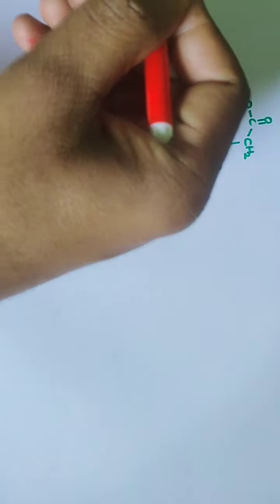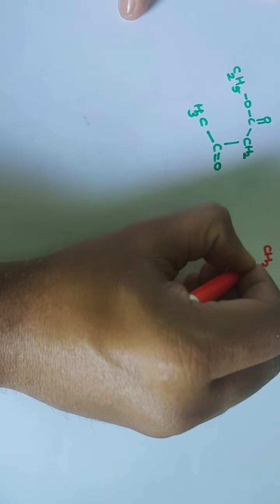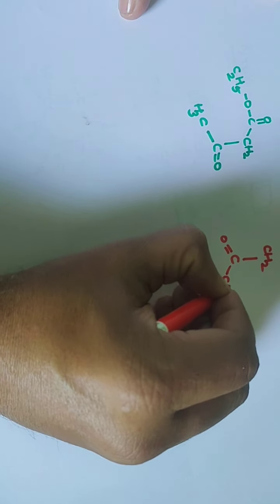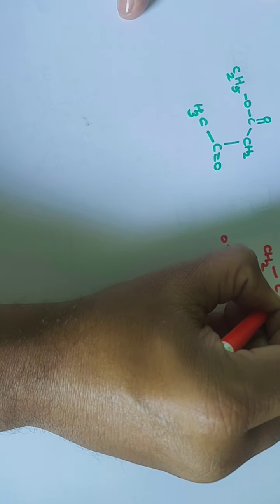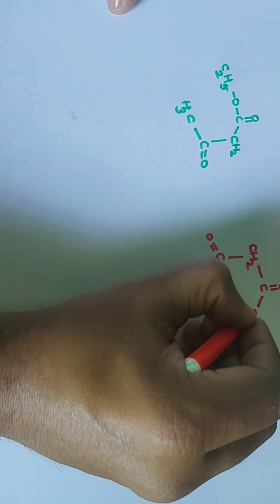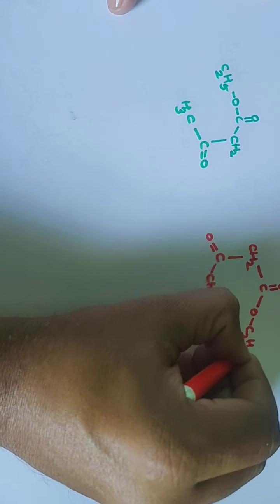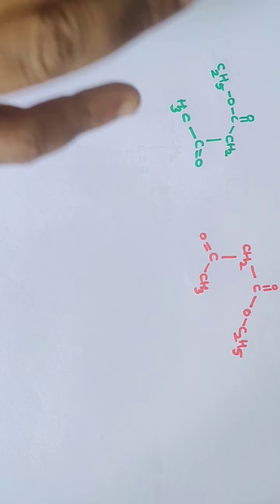Now another molecule, that is CH2 C double bond O CH3 C double bond O C double bond O OC2H5. This is another ethyl acetoacetate molecule that I had written.